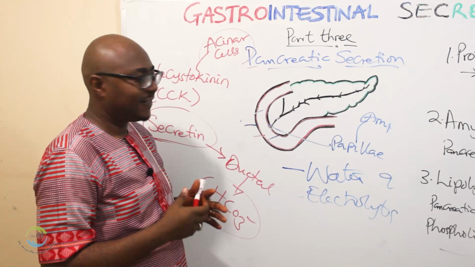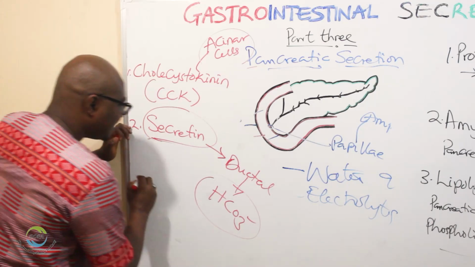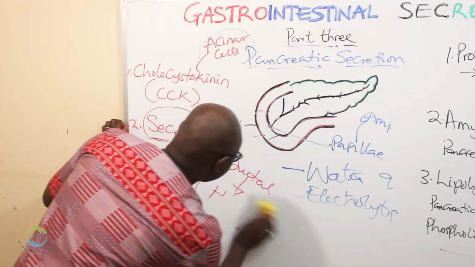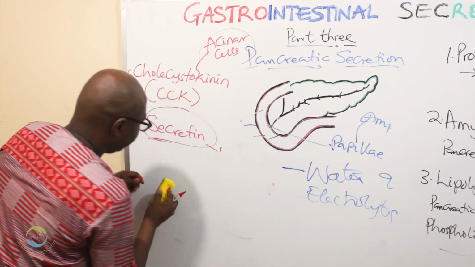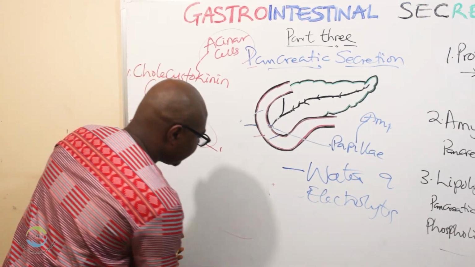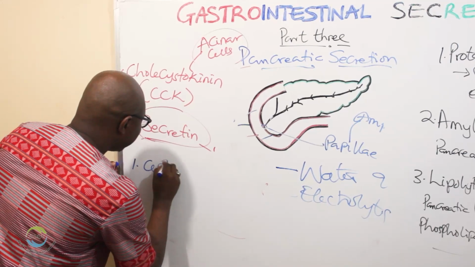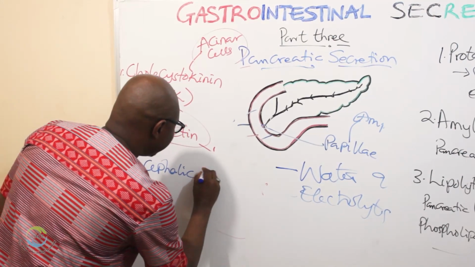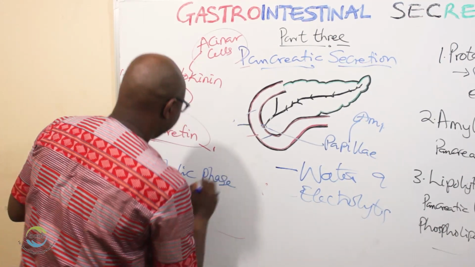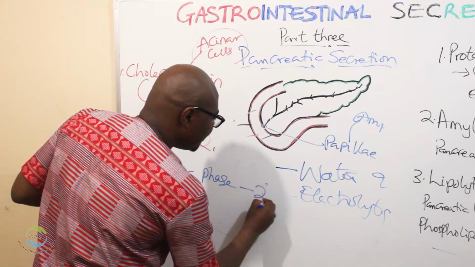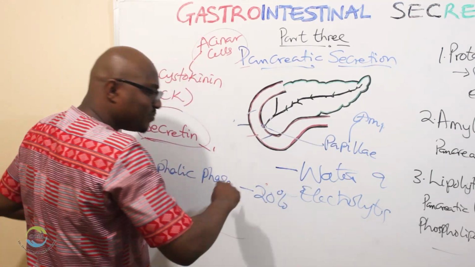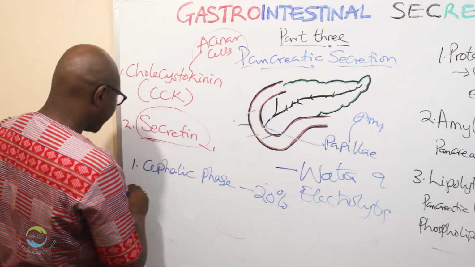They are stimulated. Okay? So the cephalic phase is 20%. It's 20% in gastric, it's also 20% here.